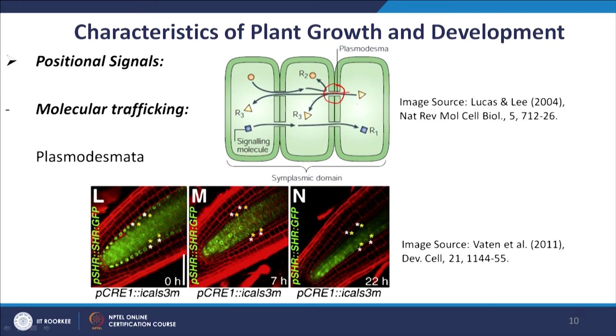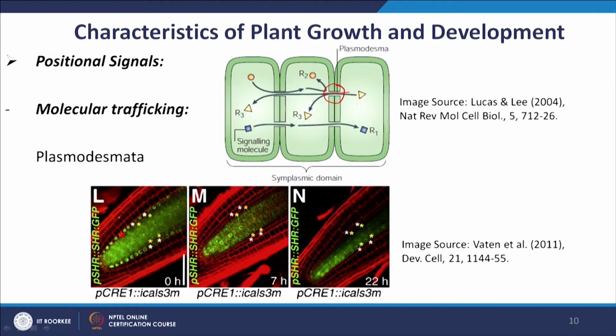As in the previous slide, I showed you that the short root proteins are being transcribed and translated in the vascular tissues, and then the protein is moving to the endodermis. If somehow we block the plasmodesmata present in the cell wall between the endodermis and the vascular tissue, we should block the movement. And this is what you can see here.